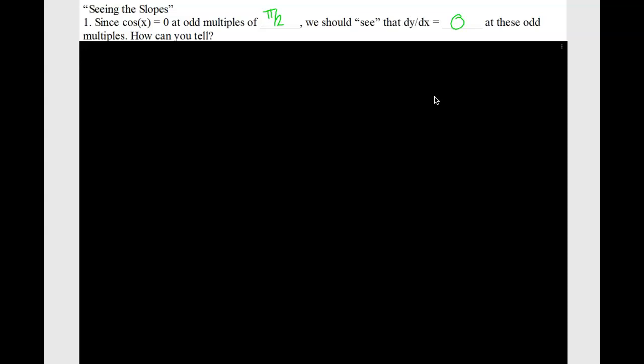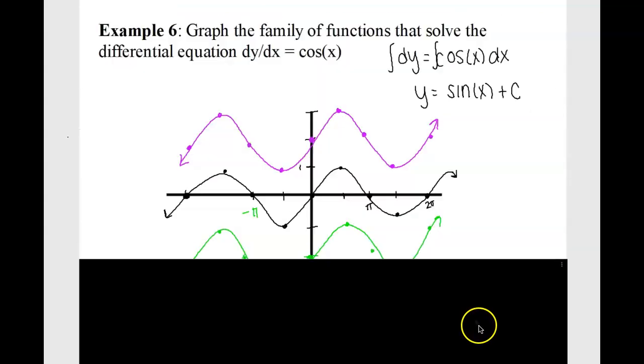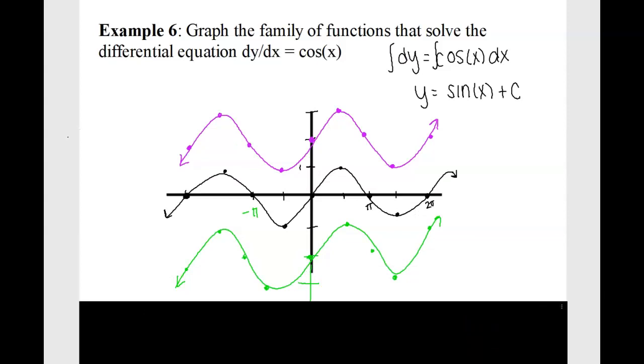So now what I want you to do is go back to that sine graph and investigate pi halves. So pi halves is going to be in here between 0 and pi, correct? And if you look at all of the slopes at pi halves, what are all of the slopes of the sine of x at pi halves? 0.